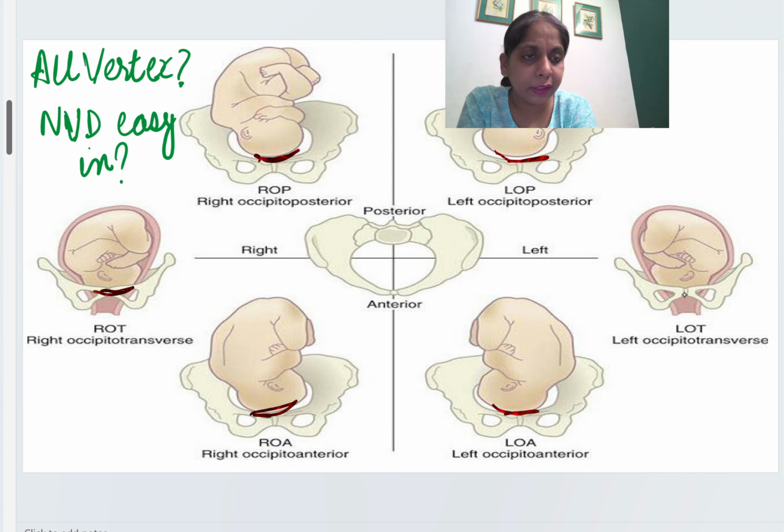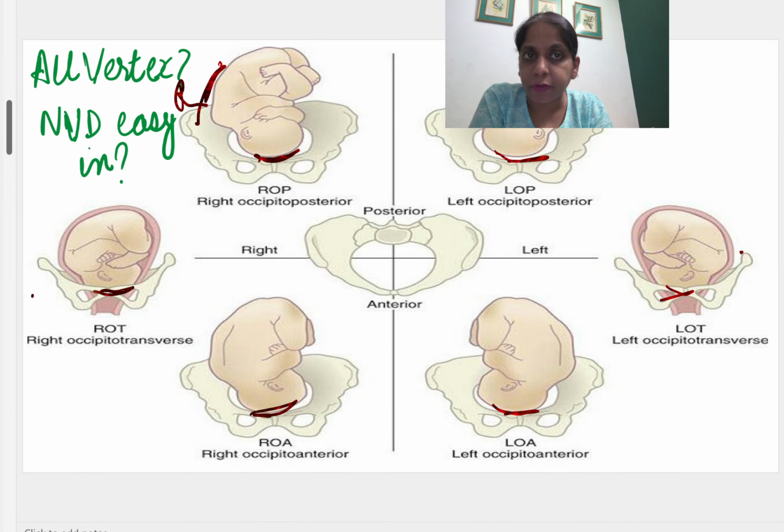But you can see that here the back is on the right, here it is on the left, here the back is transverse, and here it is on the right side. So the positions of the fetus are all different. Every presenting part has different positions.